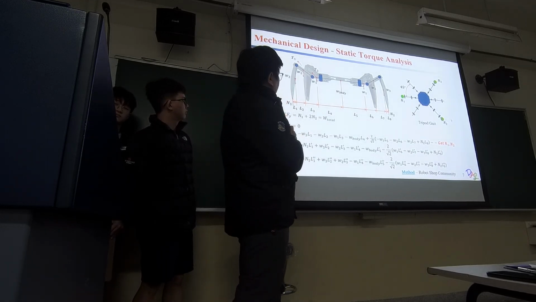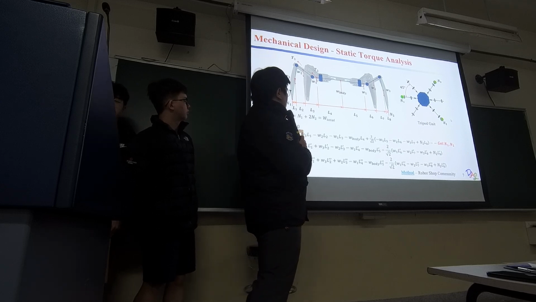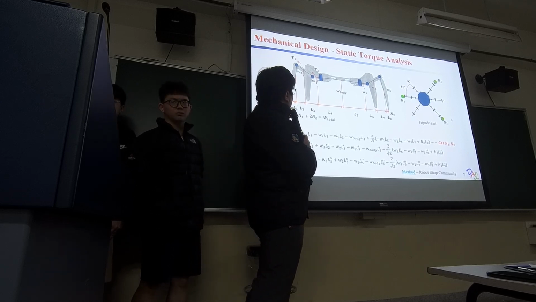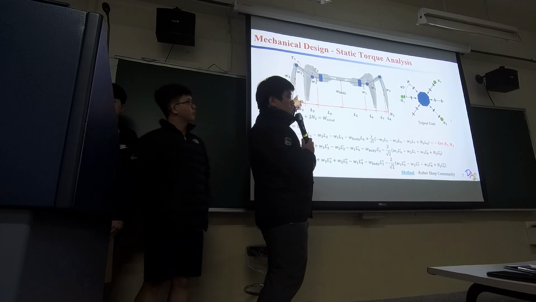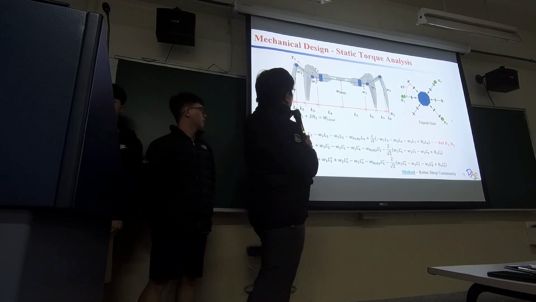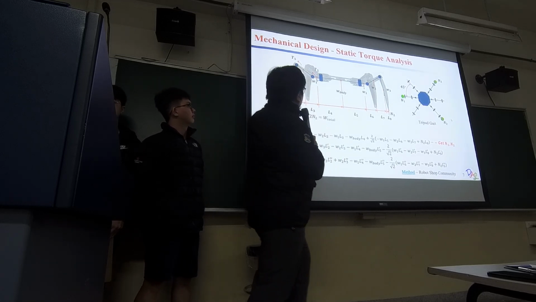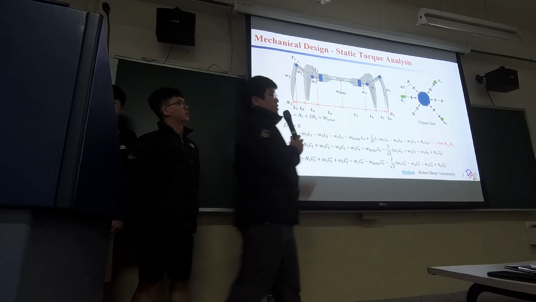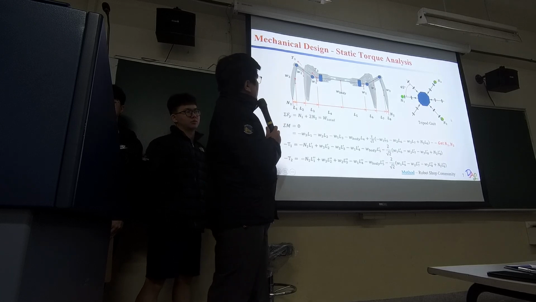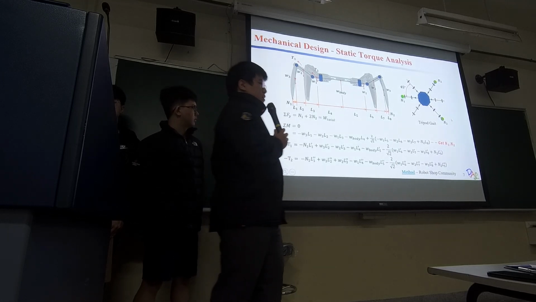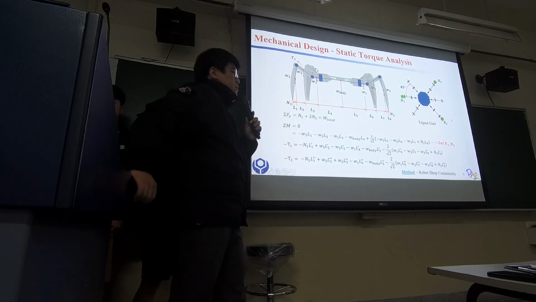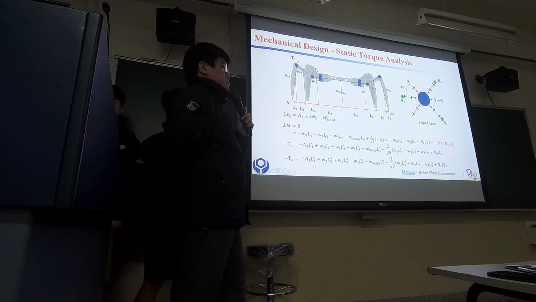The weight of the actuator is combined in the weight of the leg. So weight 3 is the last leg, the longest leg, and the weight of the actuator. Okay, so your weight 1 also combines the actuators?